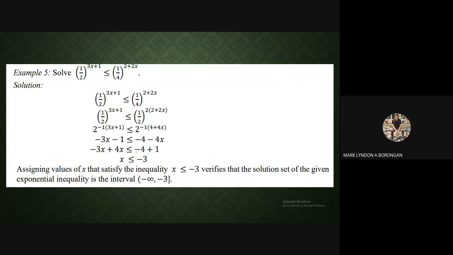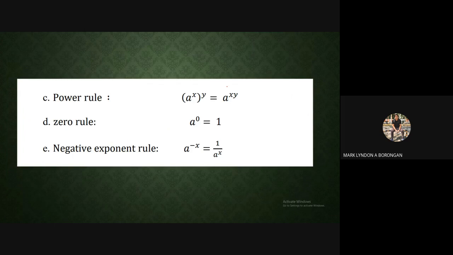So we will solve this by turning it into the same base. 1/2 is just 1 over 2 to the power of 1. And according to the negative exponent rule, a to the power of negative x is equal to 1 over a to the power of x.